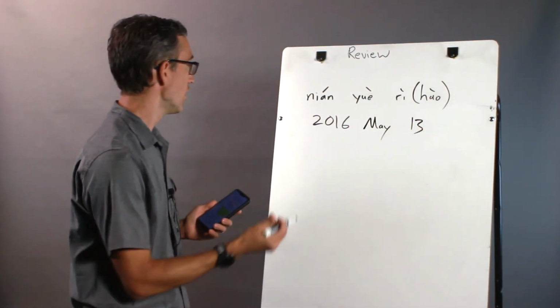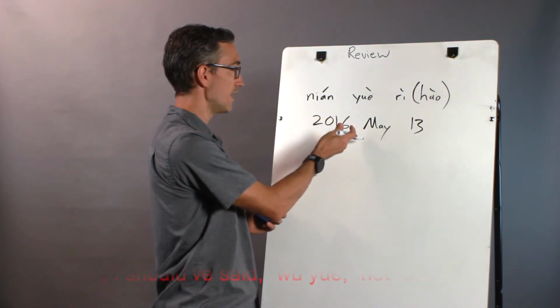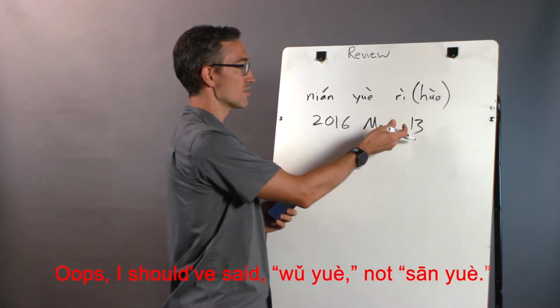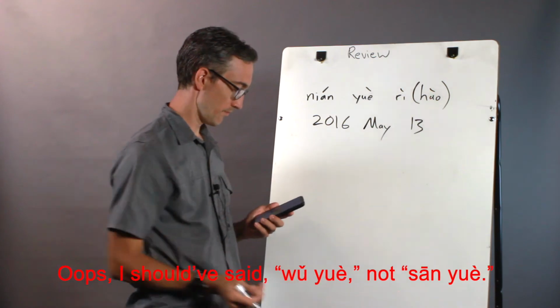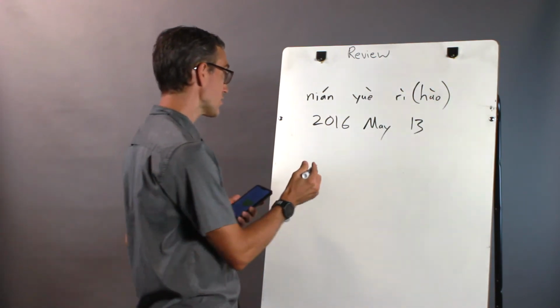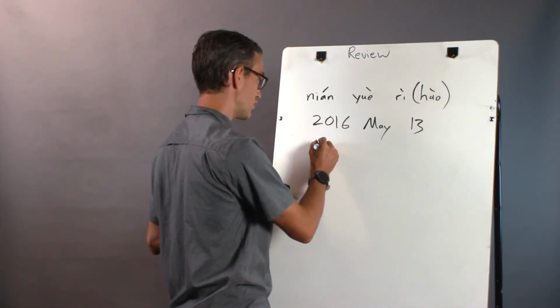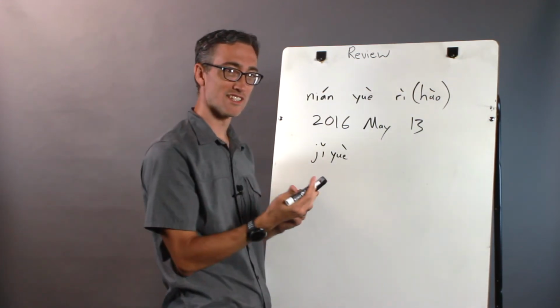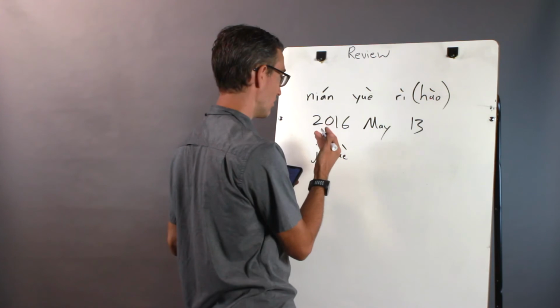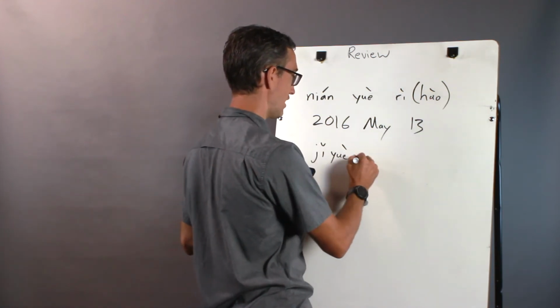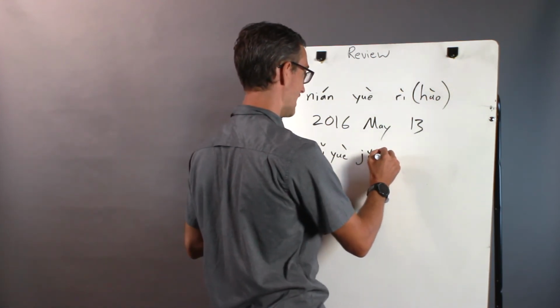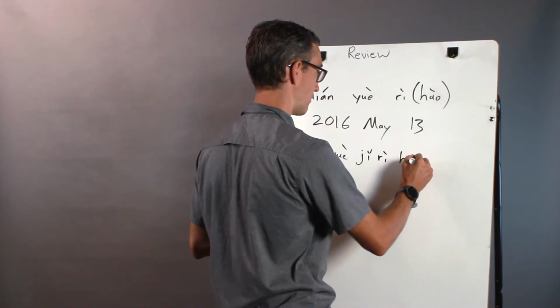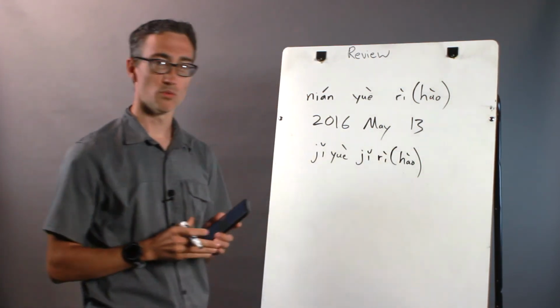So we would say 2016年3月13日 or 号. Those are dates. And to say the question, which date, 几月, how many months? Literally, it sounds like how many months, but it means which month. How many months and how many days, 几日 or 号. That's the question, which date.